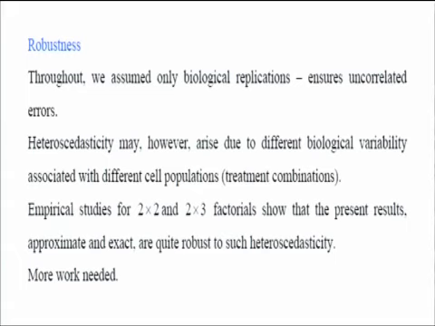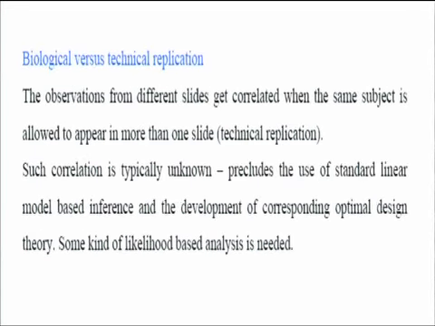But if the biological variations corresponding to the cell populations are not all equal, then the problem becomes very complex, and we did some robustness study of our results, and it is seen that most of our results remain quite robust.